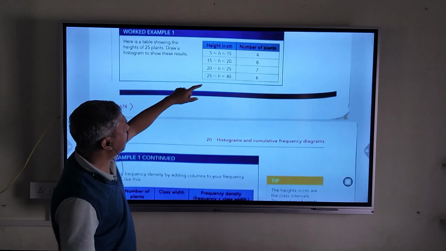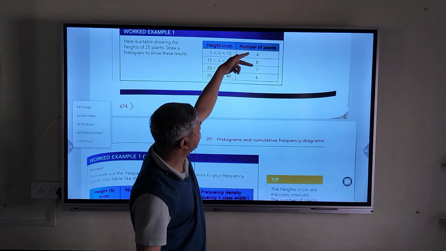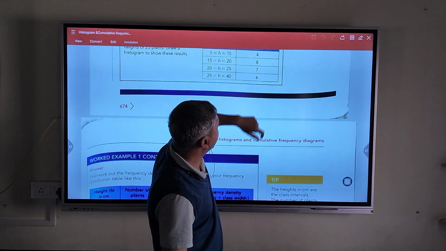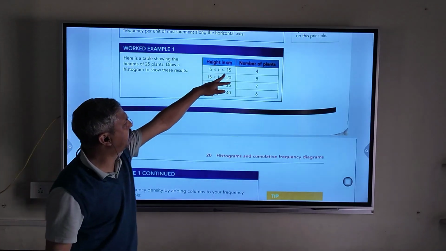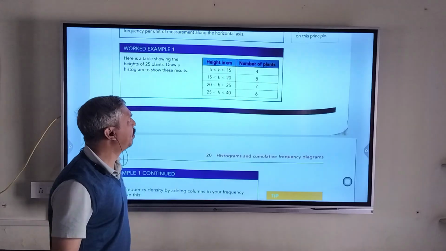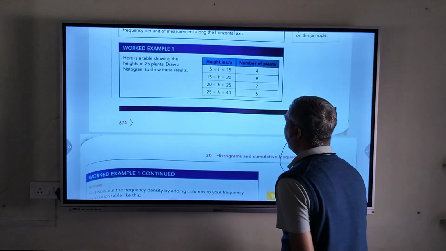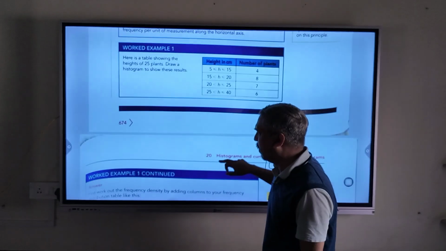The number of plants are 4, 8, 7 and 6. The total is 25 plants. Out of 25, 5 to 15 centimeters is the height of 4 plants, 15 to 20 is for 8 plants, 20 to 25 is for 7 plants and 25 to 40 centimeters is the height of 6 plants.